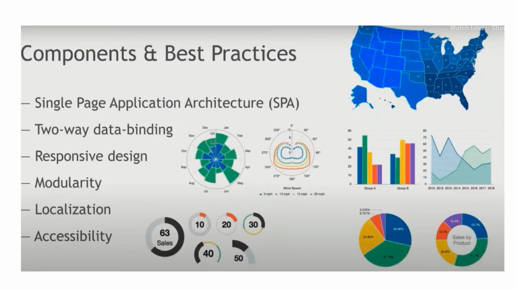Now, coming to the basic components or features that Oracle Jet provides us with. Oracle Jet has a built-in range of components and best practices, including single-page applications, as I've already mentioned, two-way binding, responsive design, modularity, localization, as well as accessibility.